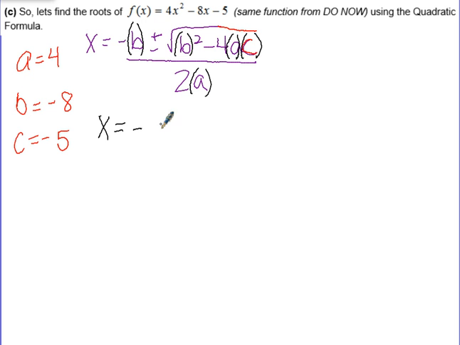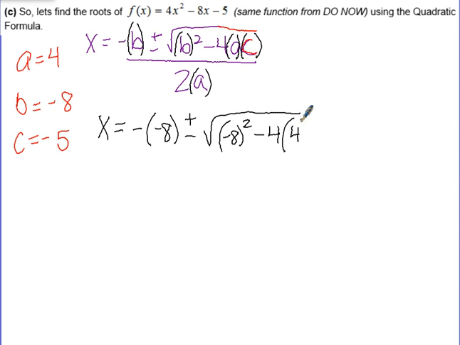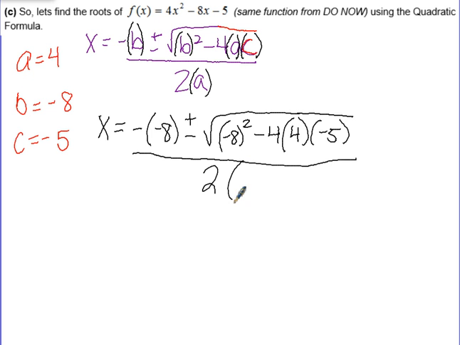X equals negative, b is negative 8, plus or minus the square root, b is negative 8 squared, minus 4 times a is 4, c is negative 5, and just make sure you extend this all the way across, all over, so a big division bar, 2 times a is 4. Now we need to evaluate this, so I'm going to break it down like this. X equals negative 1 times negative 8, that's positive 8, plus or minus.